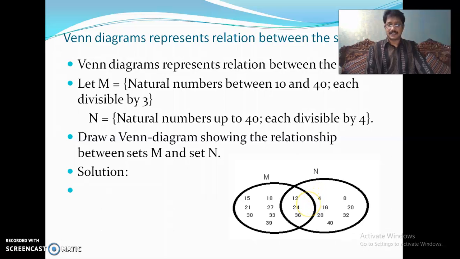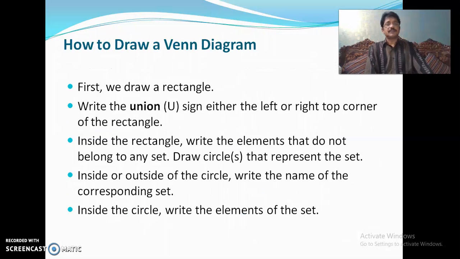Now, how to draw the Venn diagram? This is the most important. First, very important, you have to write the union symbol at either the left or right top corner of the rectangle. Generally, for representation of the universal set, we use a rectangle, and for other sets we use circles.